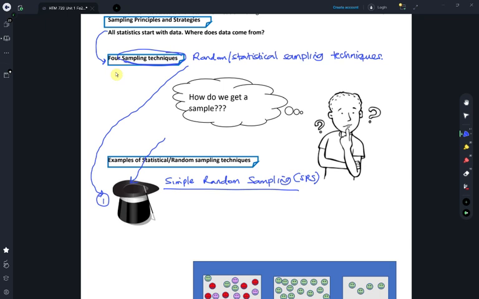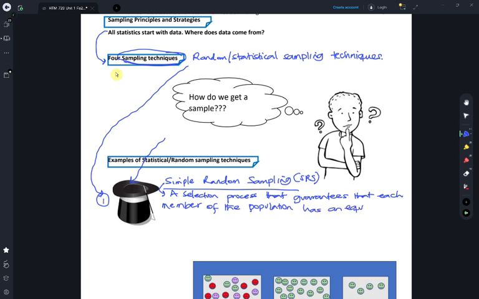By so doing, I have engaged in simple random sampling, which is a selection process that guarantees that each and every member of the population has an equal but non-zero chance of being selected into the final sample.